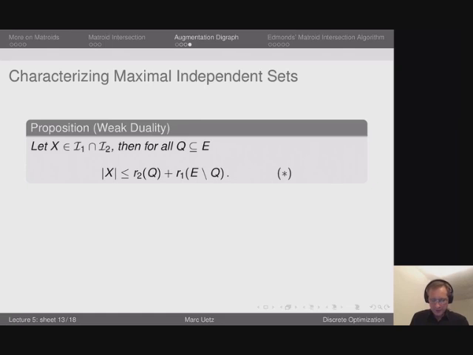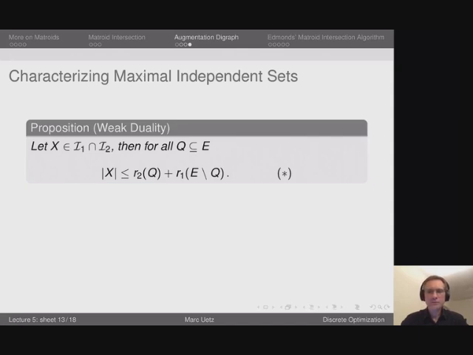Because this is an upper bound for all independent sets, and whenever I have equality, I must have computed a maximal independent set. Just like with the flow duality, whenever I have a flow which achieves the same value as that of a cut, the flow must have been a maximum flow.